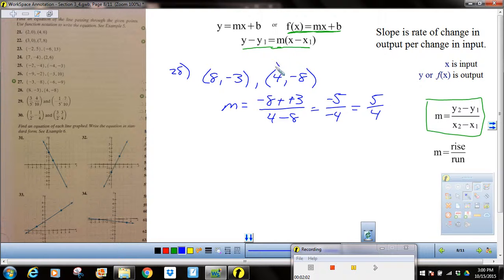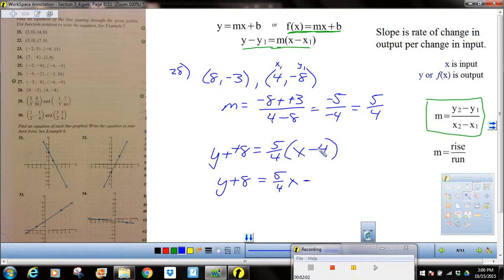I think I'll use this one. Five times 4 is 20, divided by 4 is 5.